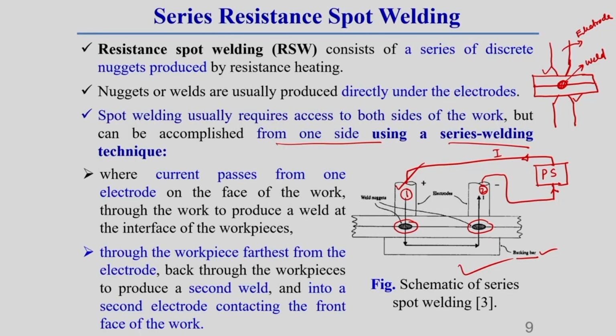Current passes from one electrode on the face of the work, through the work, to produce a weld at the interface of the workpieces. Then when it returns through the workpiece to the second electrode, the second weld is formed at the workpiece interface. In this way, two different spots can be made at a time using the series welding technique, where the electrode access is from one side only.